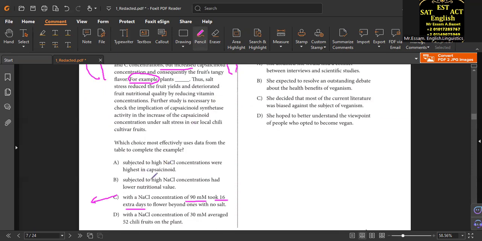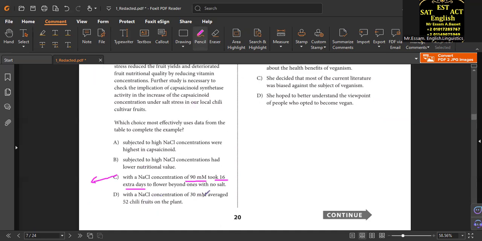Any answer that does not make sense for that, delete it. Here he said with concentration average, but here he said took 16 extra days. Yes or no? Yes. That's right. So letter C is the best answer.